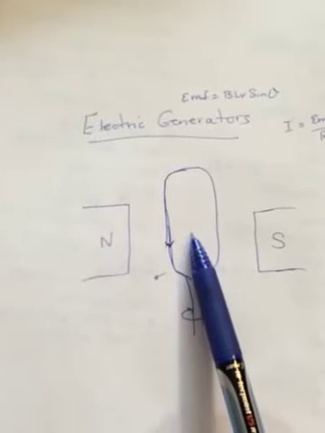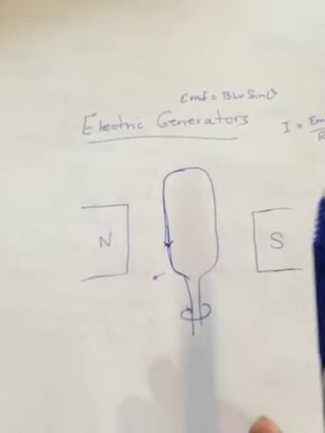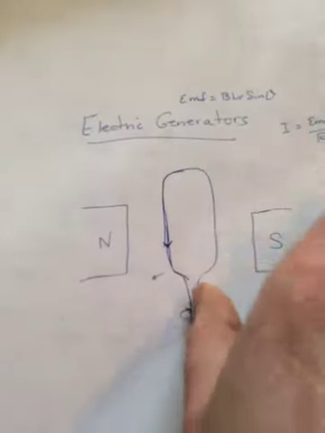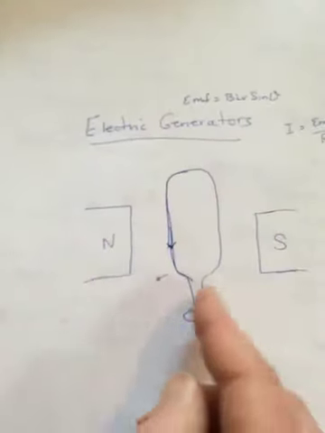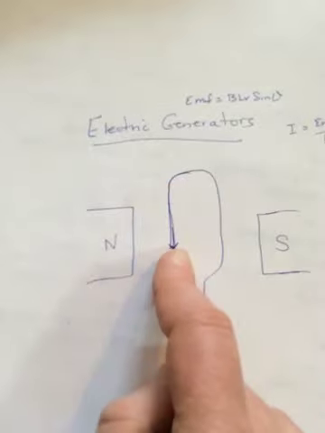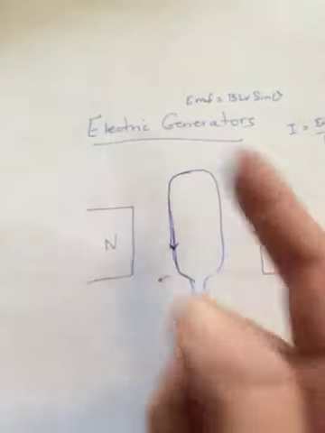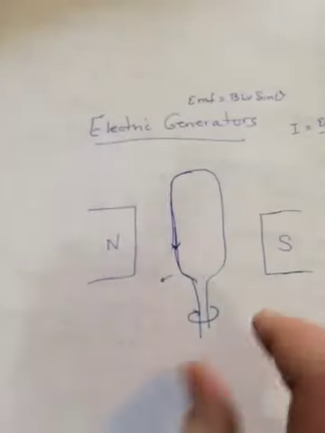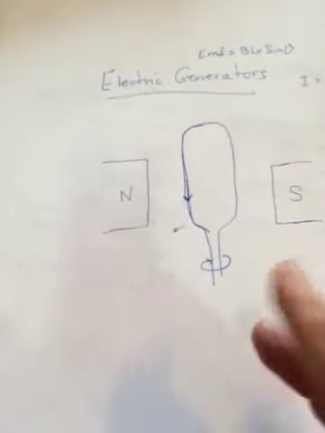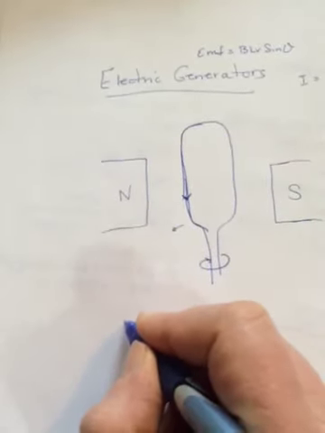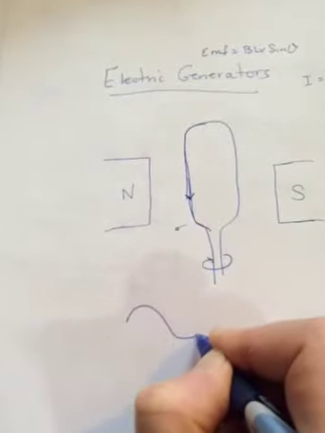When it hits the bottom, it'll be 0, and now it'll start to come up the other side. Well, now it's not going down anymore, it's coming up. So the direction of the current in this branch of the wire will have to flip, and it'll now be flowing the other way. So as I spin this, what happens to the voltage and the current is this.